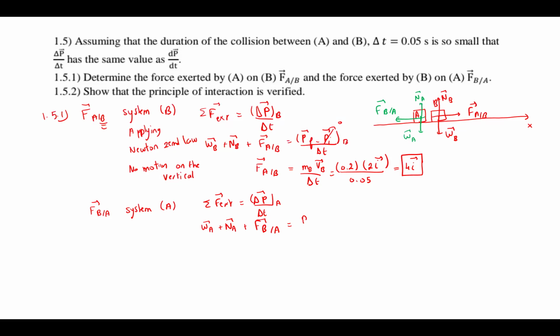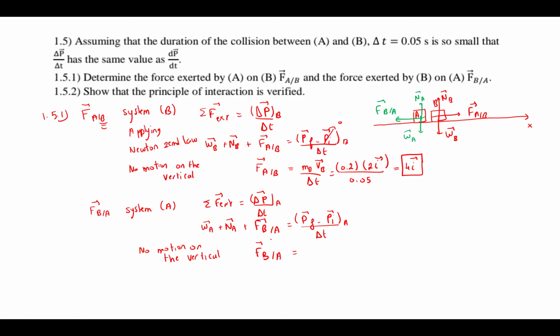When I say delta P, it means P final minus P initial, P after minus P before, and this is only for A. There's no motion on the vertical, which means I'm only working on the horizontal. But I will keep the vector. So WA plus NA is 0, so I'll keep it like this.